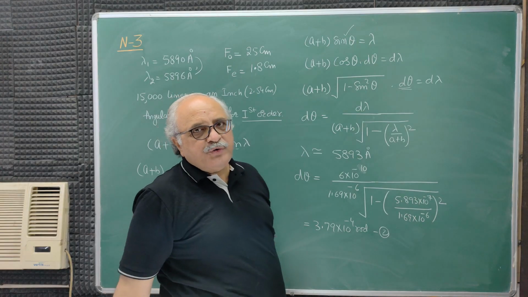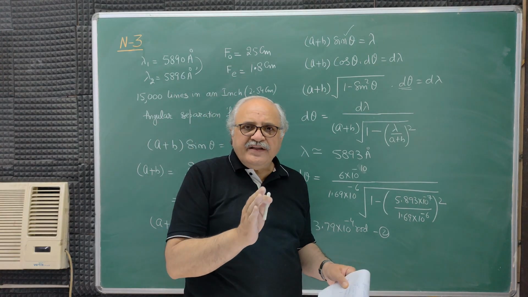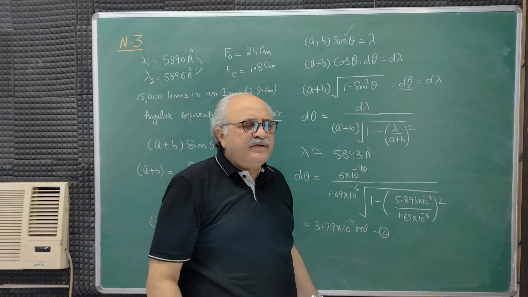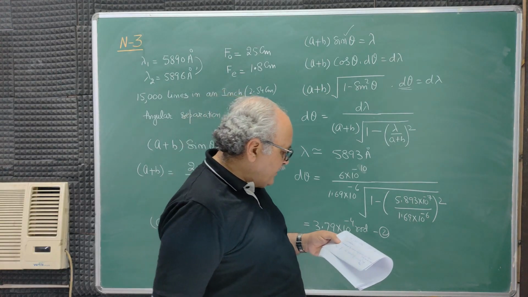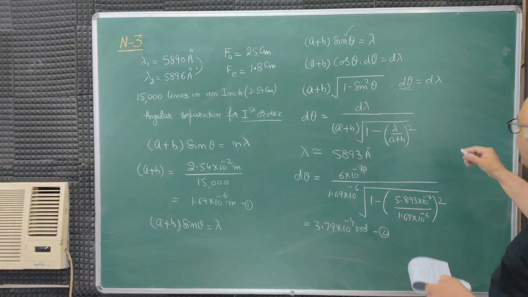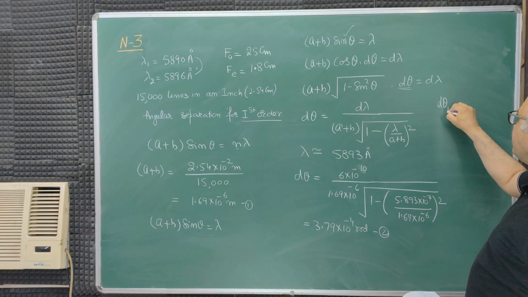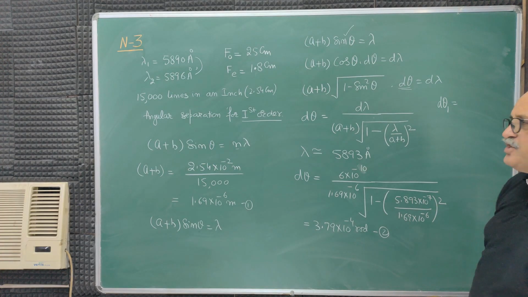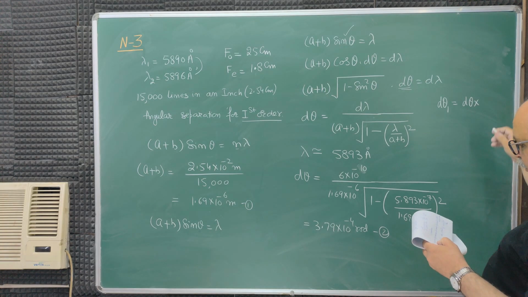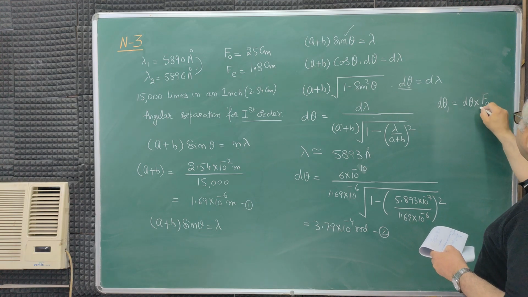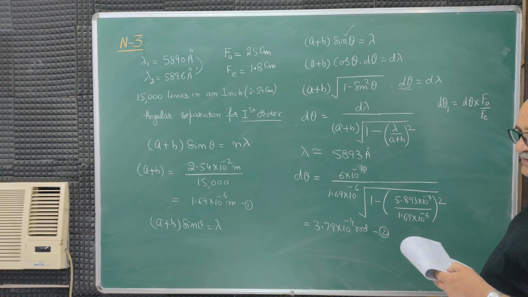But this, as I told you, is just immediately after the grating. They get separated, but when modified by the telescope, we have to do it like this. Let's say the telescope gives the angular separation d theta 1. This is going to be d theta multiplied by the focal length of the objective over the focal length of the eyepiece.